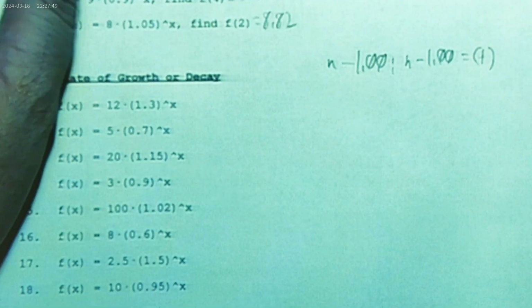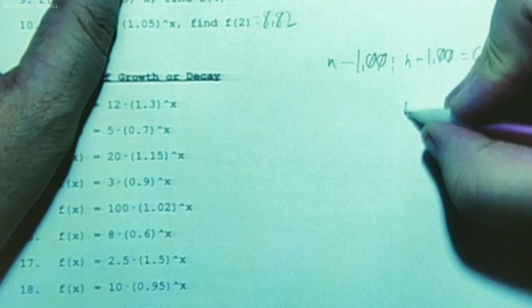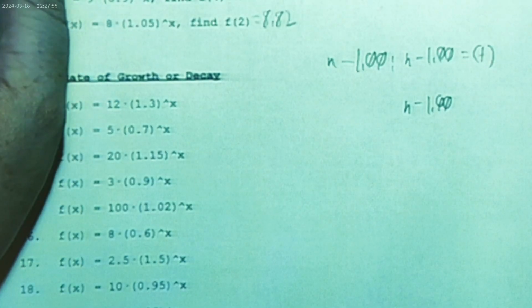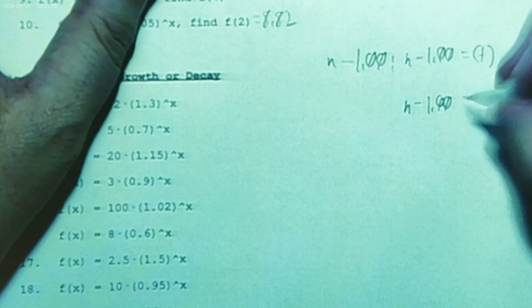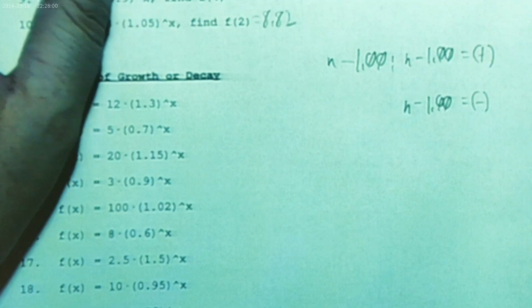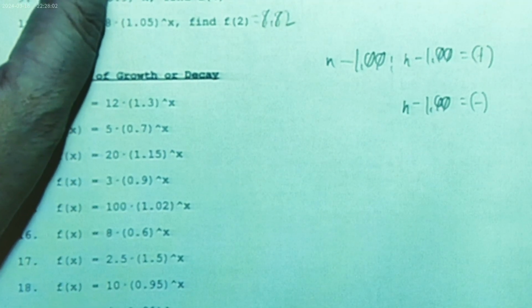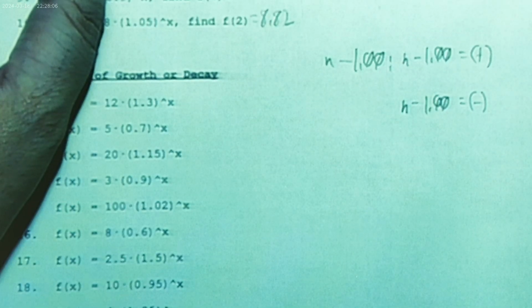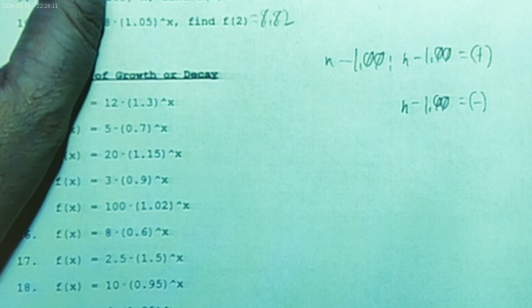If n is less than 1.00, then we're going to get a negative number. All that means is we take the negative number, make it positive, and put that into the parentheses.